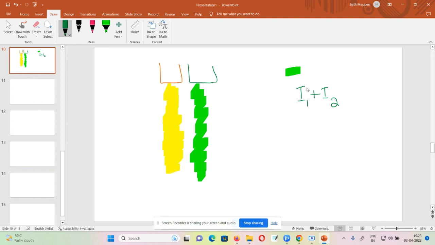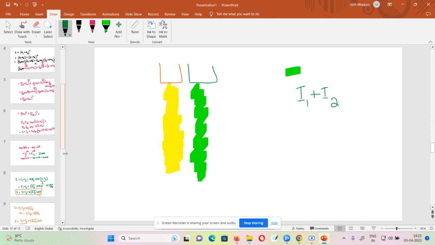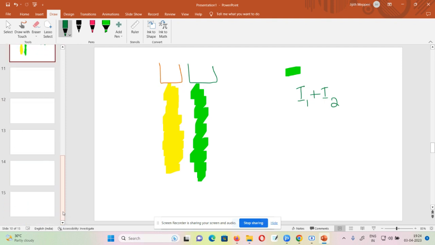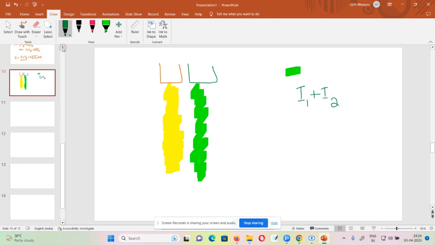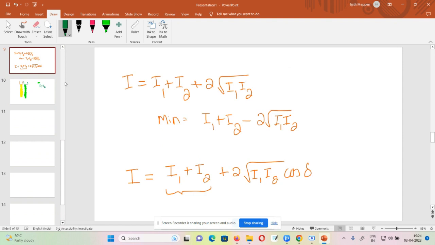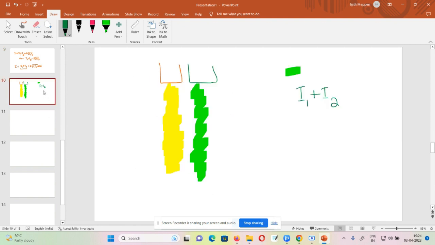So the intensities are getting added, but under a certain condition, this equation suggests that if in your light source the phase relationship comes such that the cos term becomes minus 1, the intensity can be I1 plus I2 minus 2 square root of I1 I2, and this quantity will be bigger than 0.